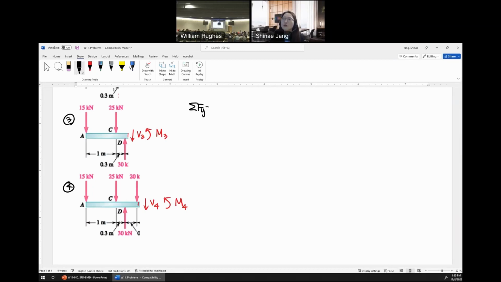Please solve these 2 equations. This X is the cut section here, and this is the cut section here. After 2 minutes, let's compare together. TAs, please go around and answer student questions.